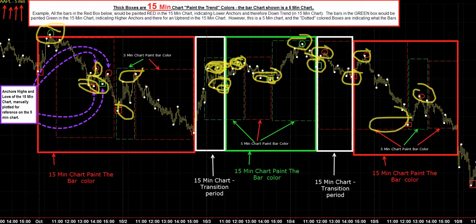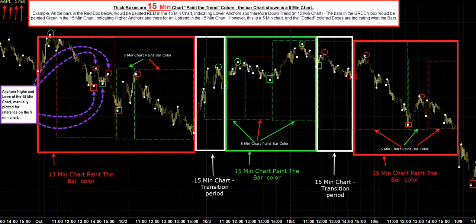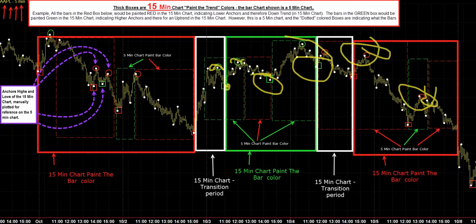You can see there, lower low, on the 15-minute time frame. So all these points here are on the 15-minute time frame anchors.